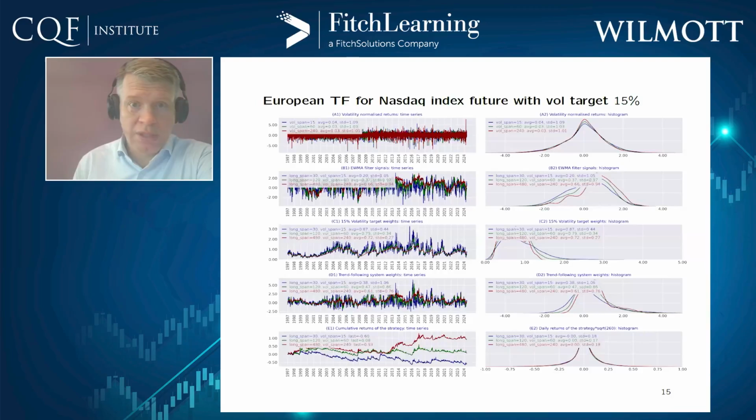Therefore, of course, it's a bit smooth, especially for a long span. And this can be interpreted as a weight already, because you see the PDF has almost unit variance. Of course, imagine we are dealing with very highly non-stationary data, Nasdaq futures since 1997.